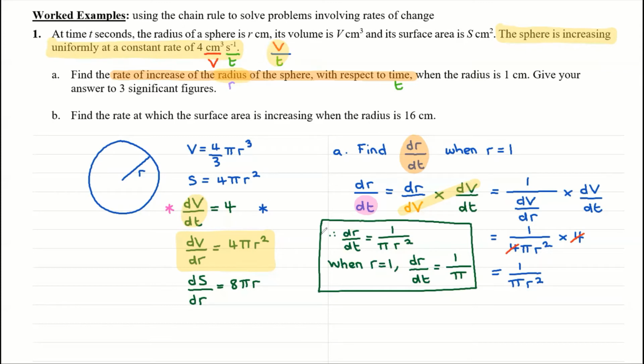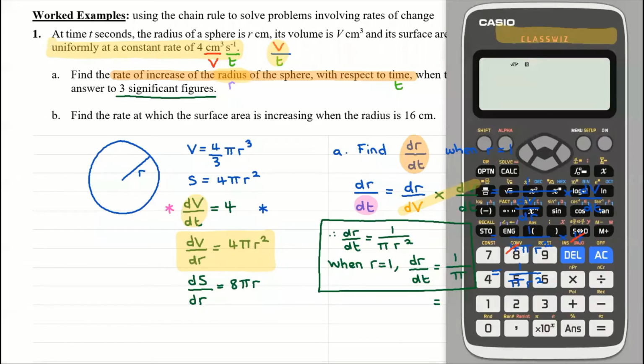It asks for the answer to 3 significant figures. Okay, so if you're asked to do it like that, what you're going to need to do is, of course, just stick all this in your calculator. Let's get the calculator out. So we do 1 divided by pi, and that's going to be 0.318.